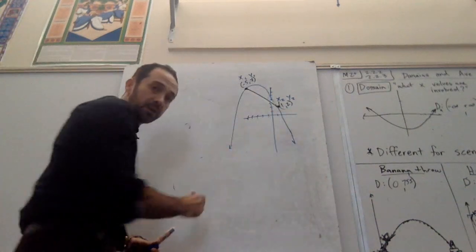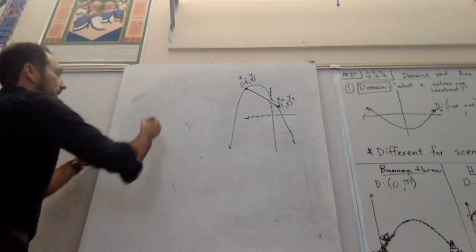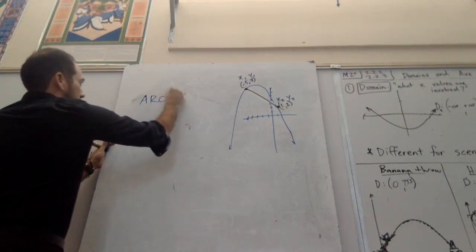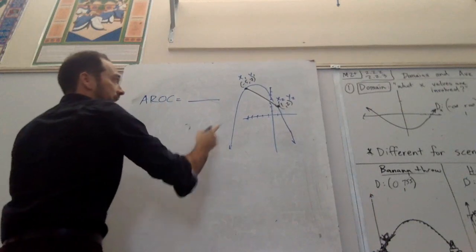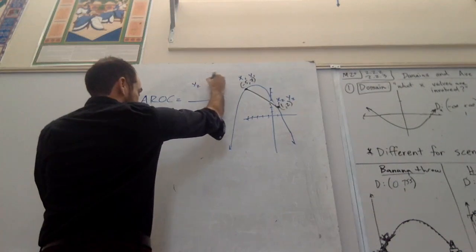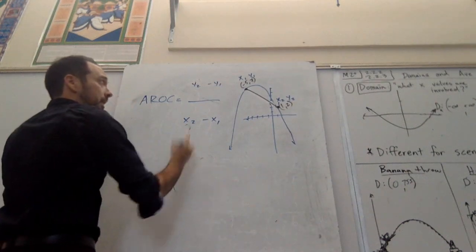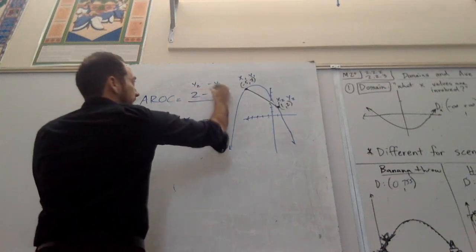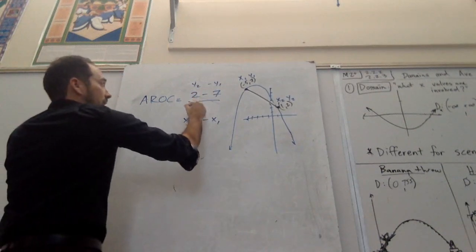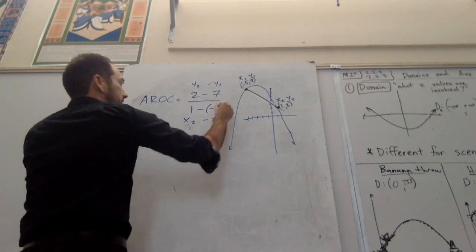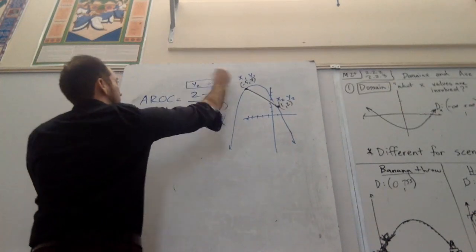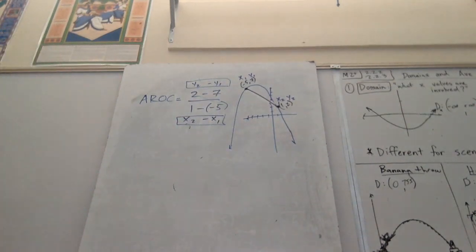So I look here, I have my two values. So I'm going to go ahead and say AROC equals the change in y's, so y sub 2 minus y sub 1, over the change in x's. So let's put it in: 2 minus 7 over 1 minus negative 5. So these are just what goes on the top and bottom, if that's helpful to write it that way.